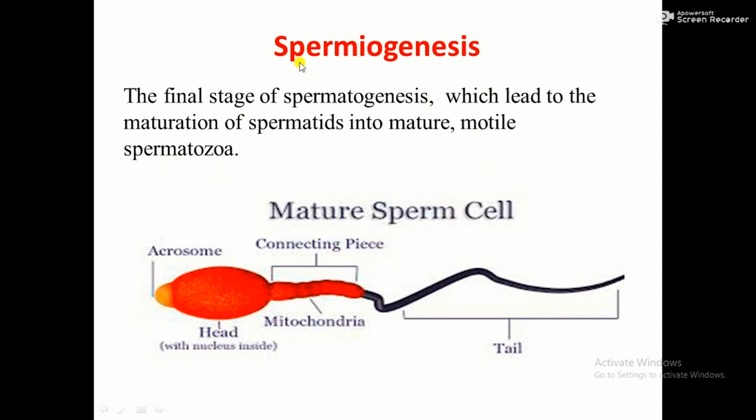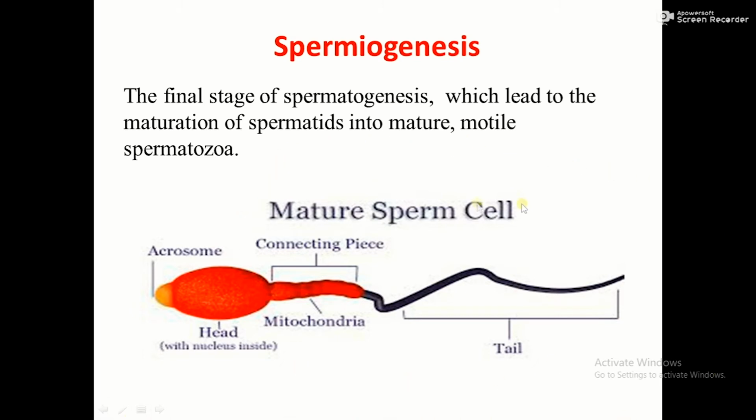If you need to define the spermiogenesis process, we say that it is the final stage of spermatogenesis, which leads to maturation of the spermatid and gives a mature motile spermatozoon.